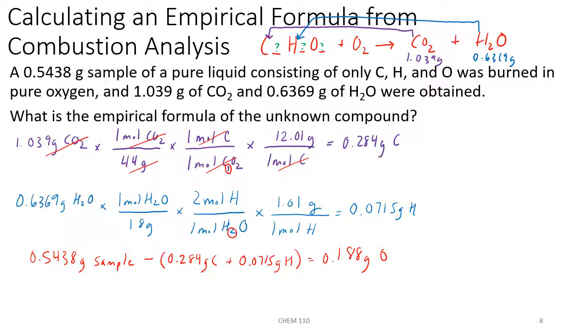Now, whenever we figure out our subscripts in our unknown, our subscripts are really mole ratios. So we're going to need to know the moles of carbon, the moles of hydrogen, and the moles of oxygen. And we have to find the smallest whole number ratio. So now that we know the mass of our carbon, hydrogen, and oxygen, we can convert all of those values into moles.